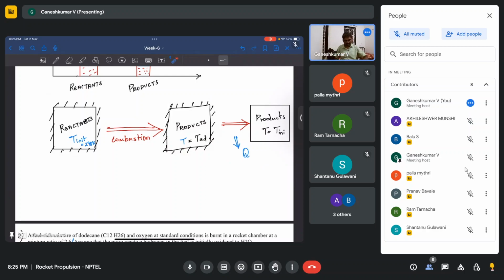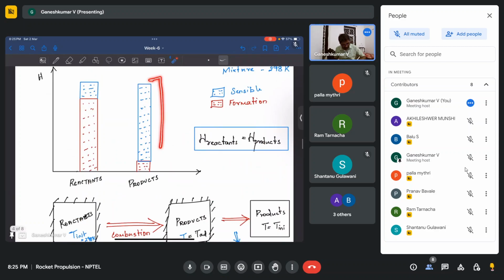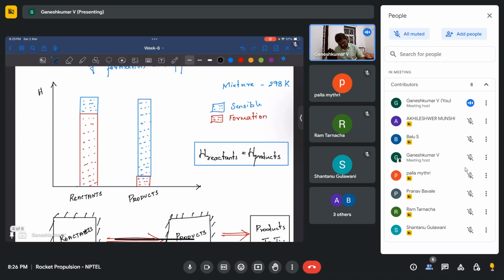Only then will you be able to harvest this whole sensible enthalpy part, and that is what will give you Q reaction, okay. So this is at T initial and this is at T adiabatic, okay. And if you are able to harvest this whole sensible enthalpy, this will be your Q reaction, okay.